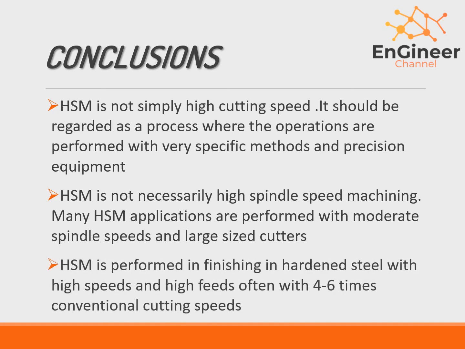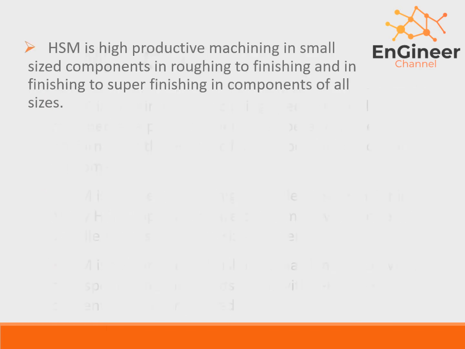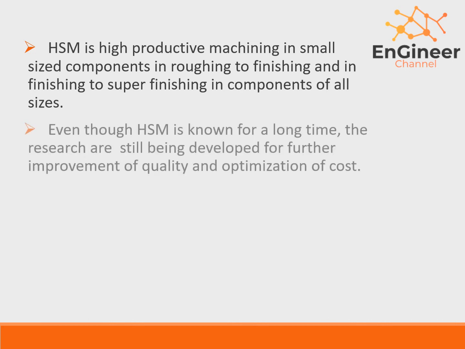HSM is performed in finishing in hardened steel with high speeds and high feeds, often 4 to 6 times conventional cutting. HSM is highly productive machining in small-sized components, in roughing to finishing, and in finishing to super finishing in components of all sizes.